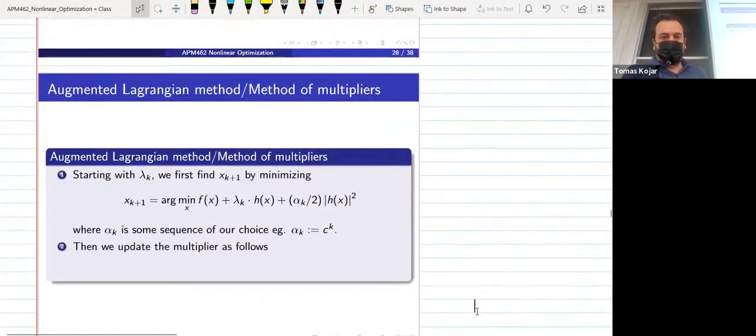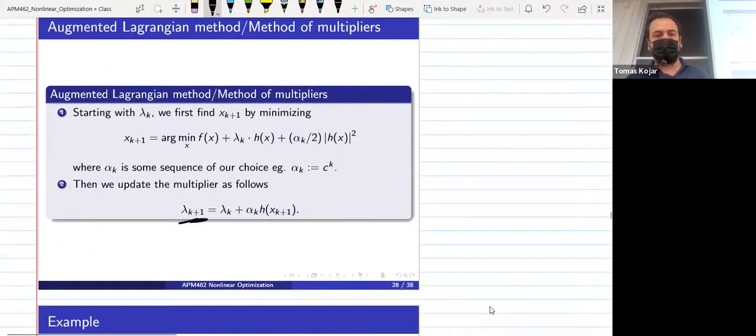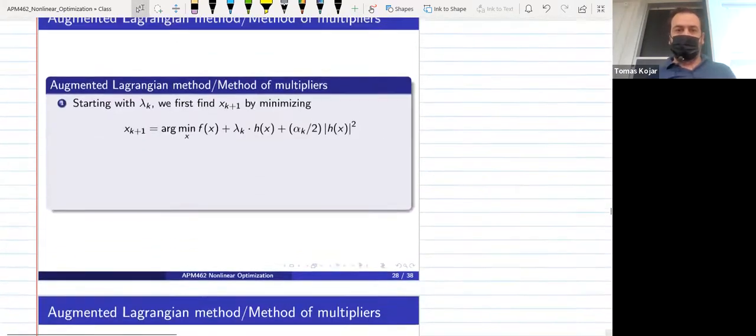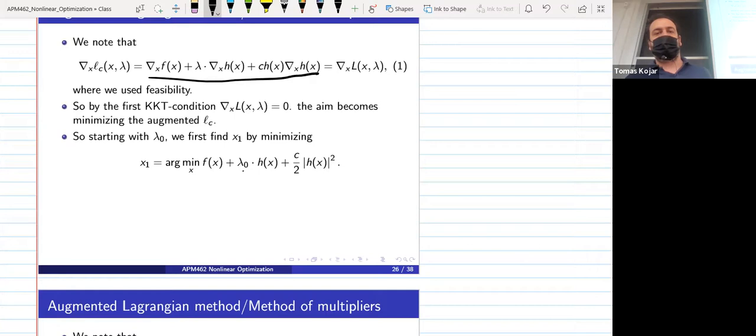And so start with lambda k, minimize your Lagrangian, and get the next multiplier through this recursion. Okay. So again, let me see what happened. We went to the unconstrained problem because we don't want to deal with the feasibility issues. It's hard to do numerics over that.